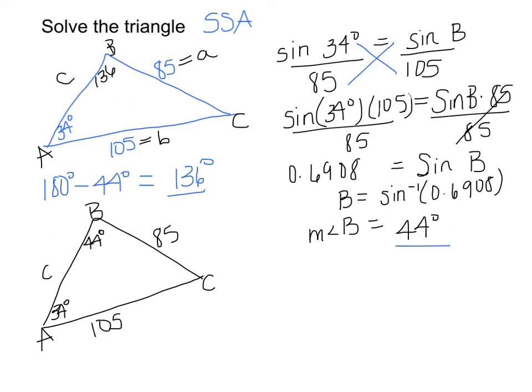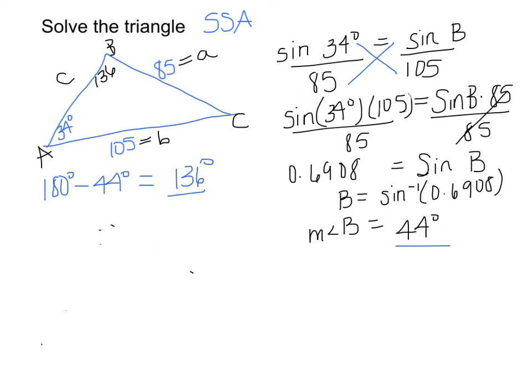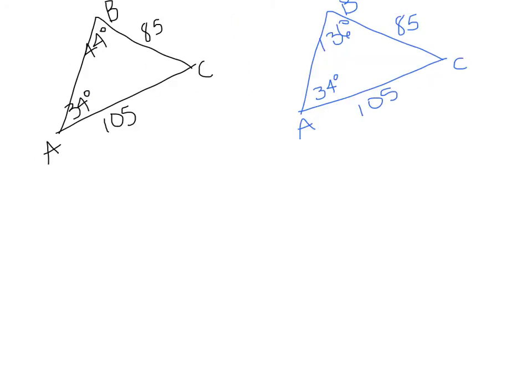Okay, so those are our two triangles that we're looking at. I'll just do them both. So I'm going to go to the next page. And remember, this only happens if you have two sides and only one angle.